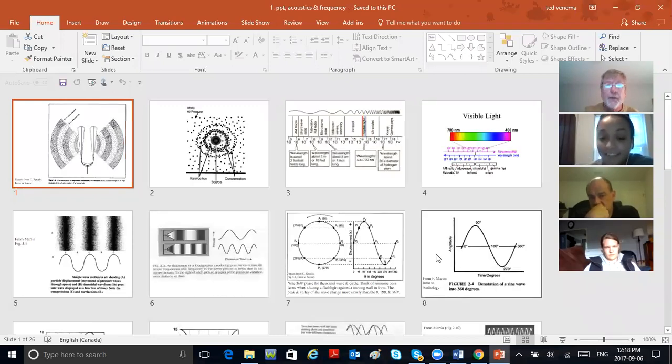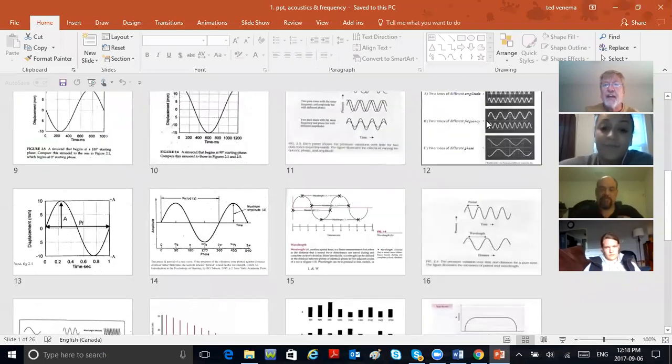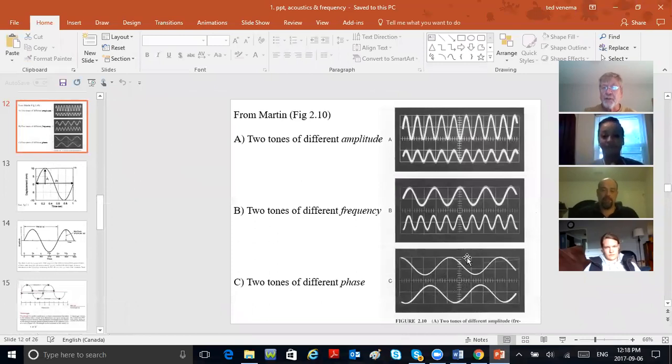Okay, here we go. What do we mean by a standing wave? Look at the bottom. When the original sound is canceled out by the reflected sound. Remember the slide from last week? We said that sound takes place over 3 dimensions. These are different in amplitude. These are different in frequency.